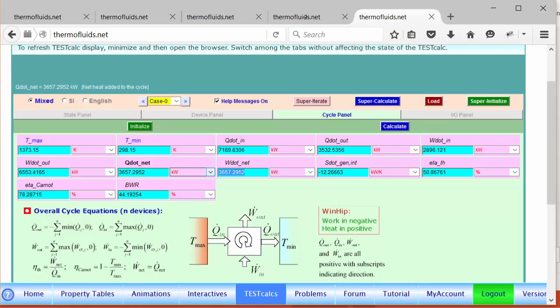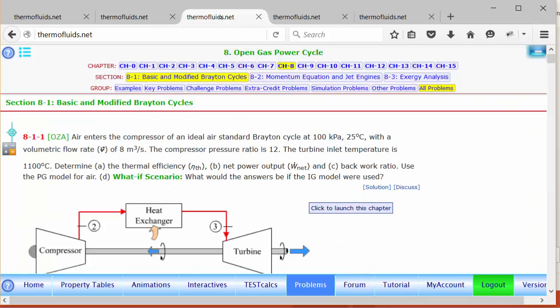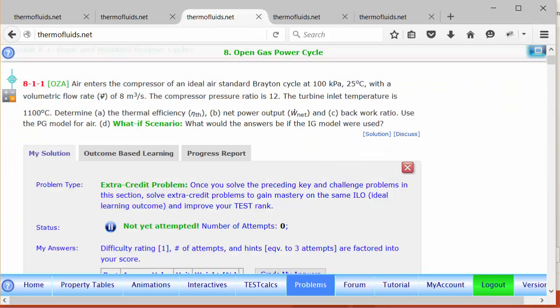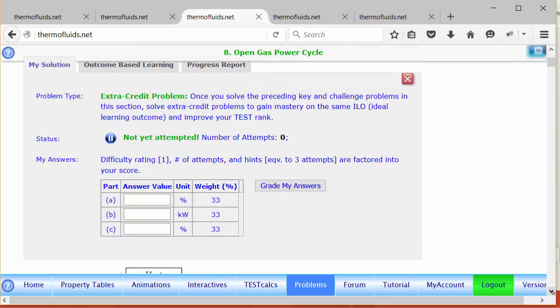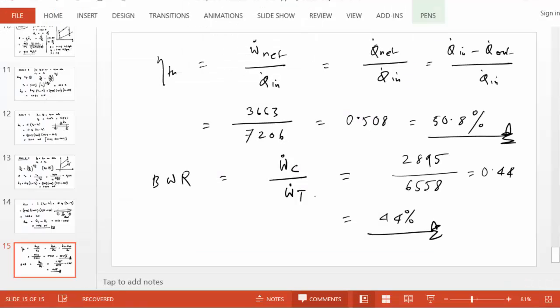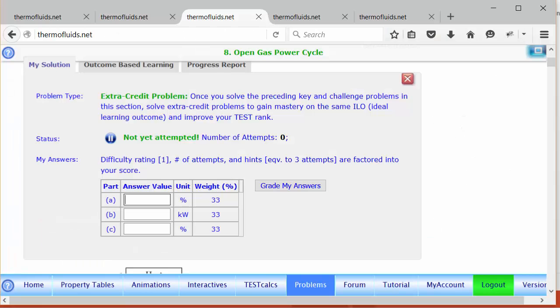So let's go back and get credit for this. We go back here and click on the problem number. Part A, I believe, is the efficiency. What is the efficiency we got? 50.8%, so let's enter 50.8.